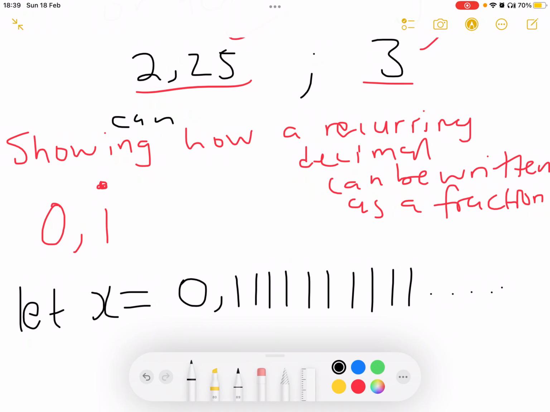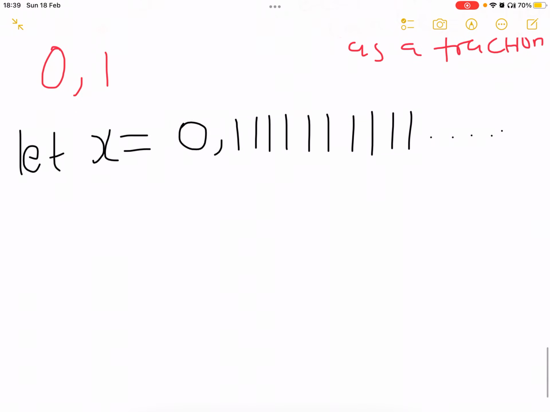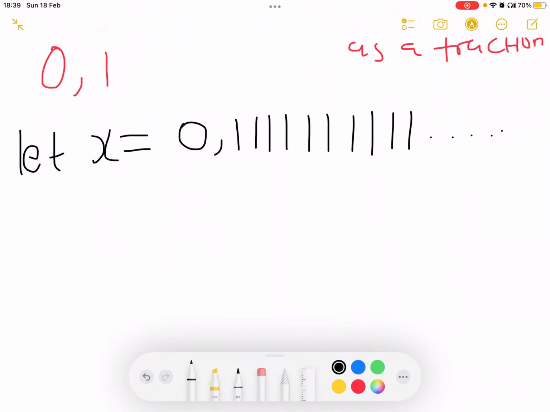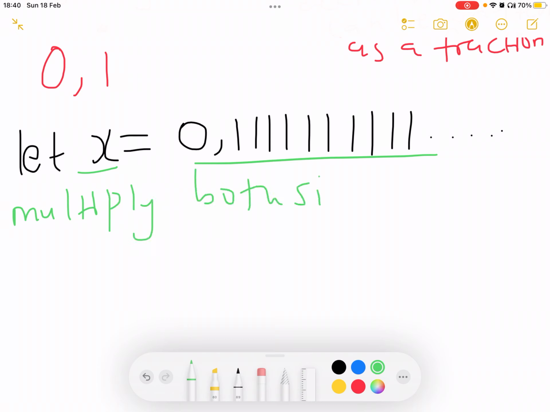Then we continue. We need to multiply both sides, the left hand side and the right hand side, by multiples of 10, 100, and 1000.